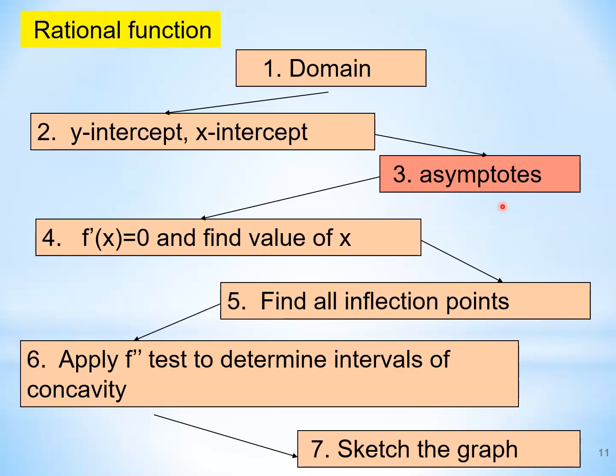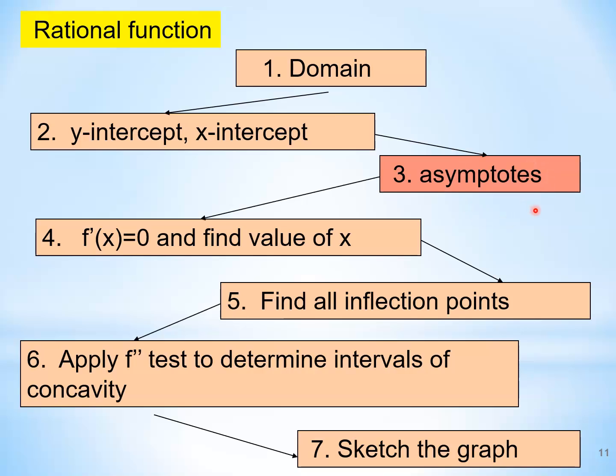The first step is the domain, similar to the polynomial function. The second step is to find the y-intercept and, of course, the x-intercept. Previously, you just needed to find the y-intercept. Now you need to find both the y and x-intercepts.